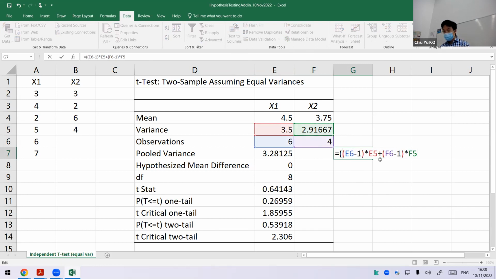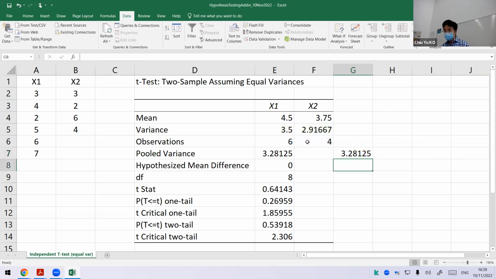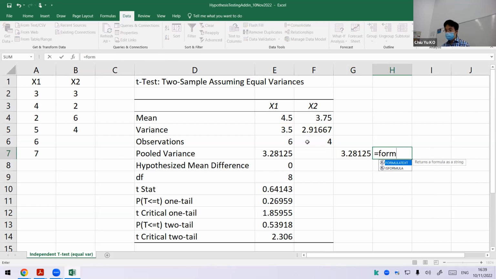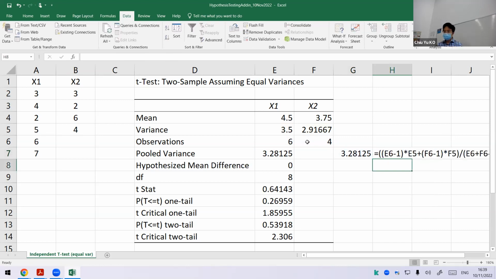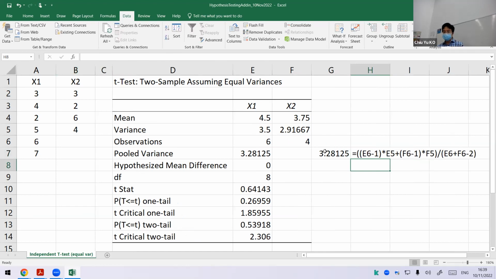This is the numerator, and the denominator is the sum of the weights, which is N1 plus N2 minus 2. So that's how you get this number. It shouldn't be an issue for you to reproduce this. And degree of freedom is N1 plus N2 minus 2.